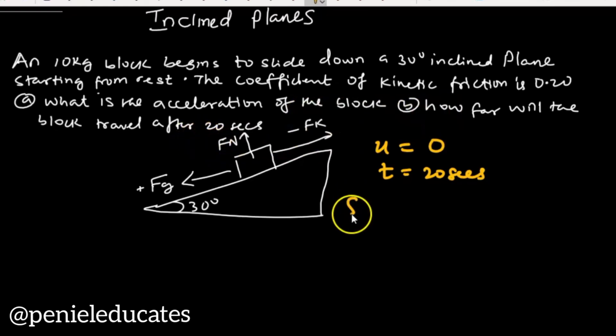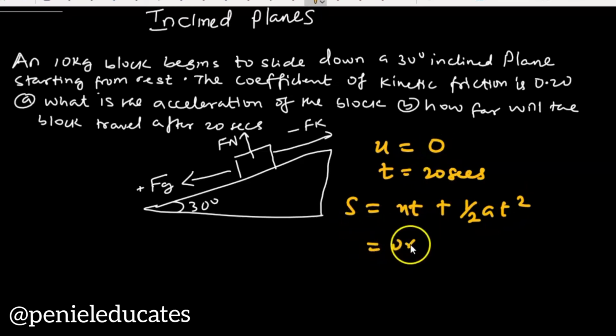So we can use s equals ut plus half at squared. We have u to be 0, so 0 multiplied by 20, plus half, multiplied by 9.8, multiplied by 20 squared.